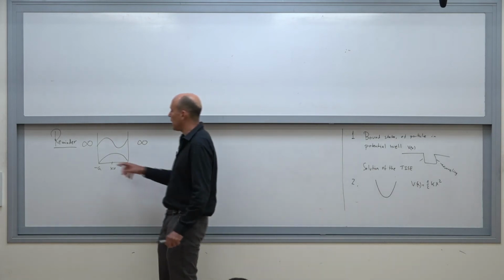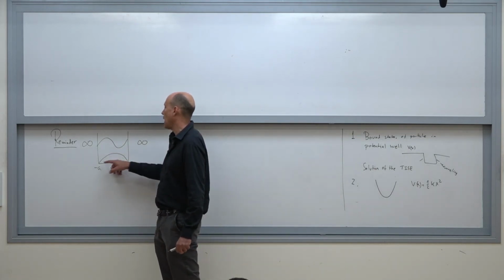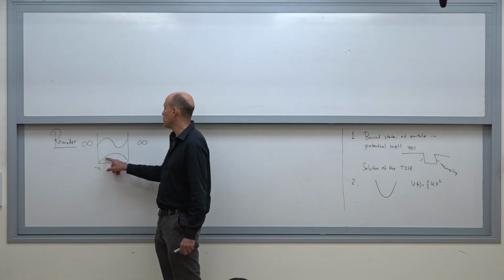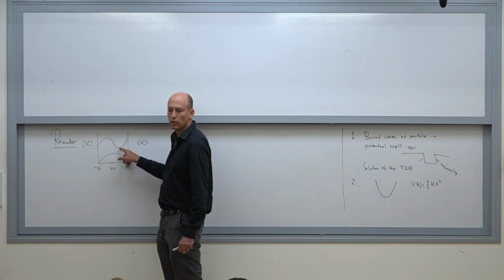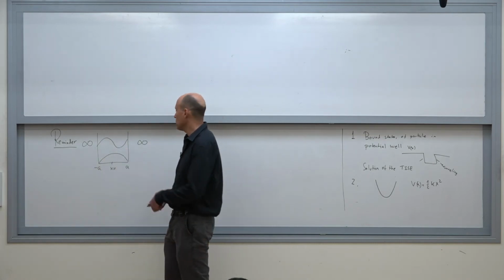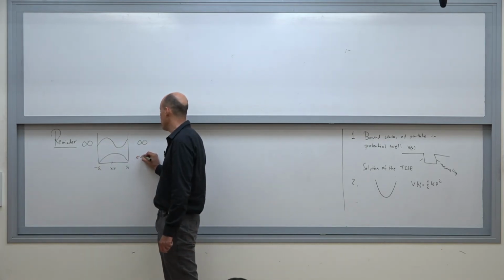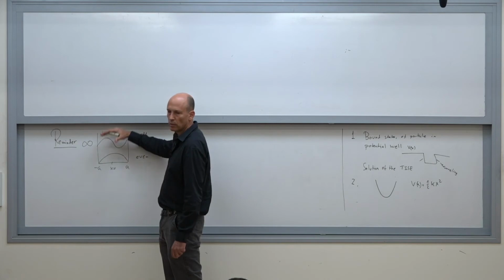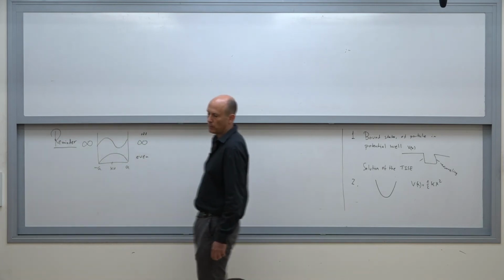Why do we find either even functions of x, where the values of the function here are the same, and here you find minus the function, etc.? So this is an even function. This is the ground state. This is an odd function. And actually they come even, odd, etc., etc.